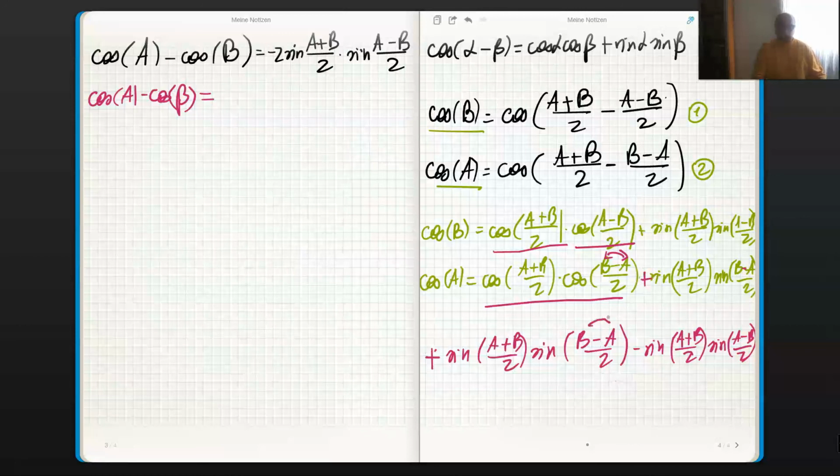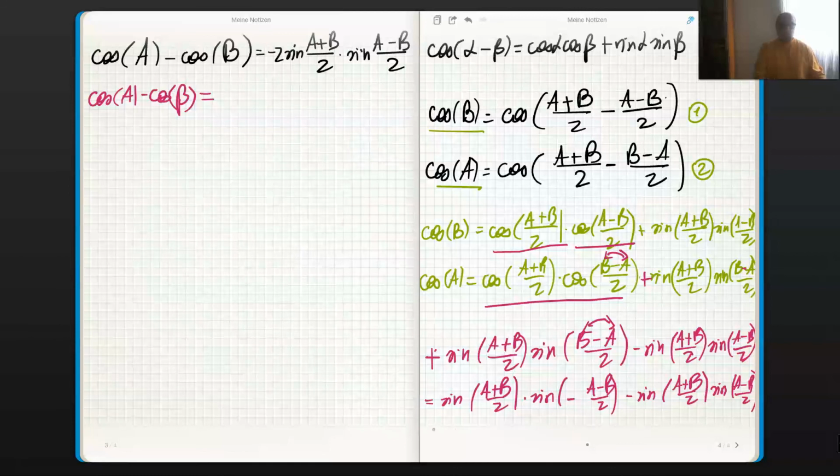But now if I rearrange A and B, I'm going to kick one minus in front, so I have sine of A plus B divided by 2 times sine of minus A minus B divided by 2 minus sine of A plus B divided by 2 times sine of A minus B divided by 2.